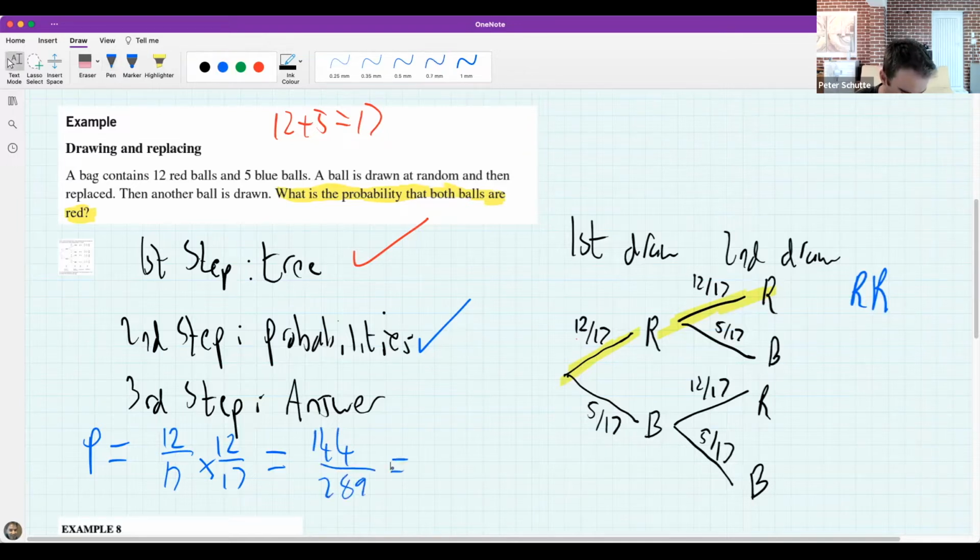Or in decimals, 49.8%. So there's almost a 50% chance that you will get a red and then another red after that, which is interesting. But the reason it's so likely is there's so many red balls in the bag. Basically, that's what's happening.